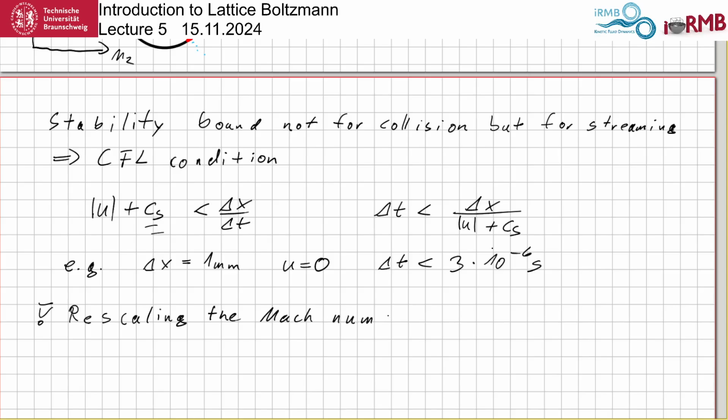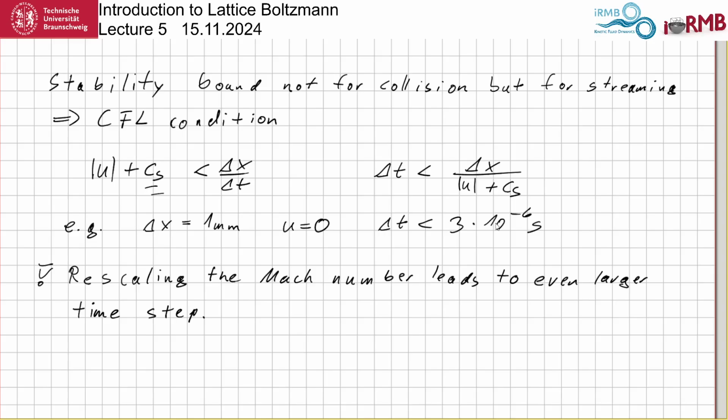Using the wrong Mach number, if you will, leads to even larger time steps. So what is often done, if you don't care about acoustics, is you use a much higher Mach number than is actually true for your physical problem, because this usually does not affect your performance that much.